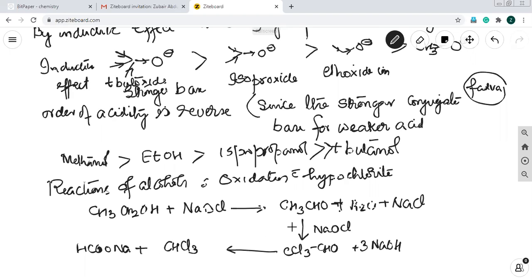So this is oxidation. This also you can say it's oxidation, or you can say it's a substitution of hydrogen by chlorine, which in fact is also oxidation. And the third one is this removal, that is an acid-base sort of reaction, right?